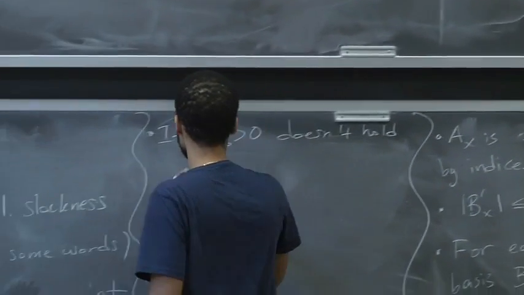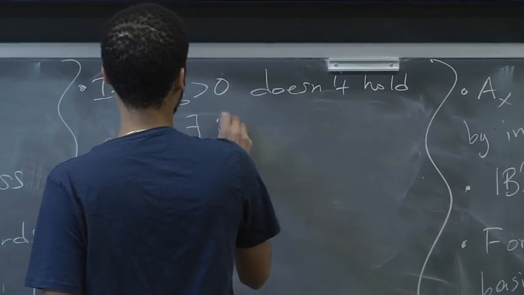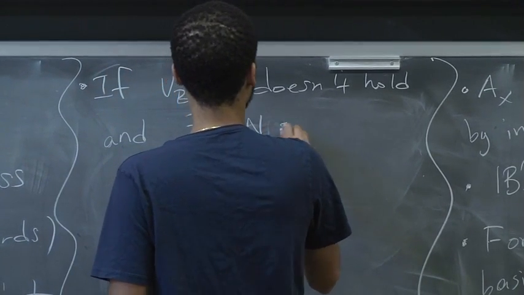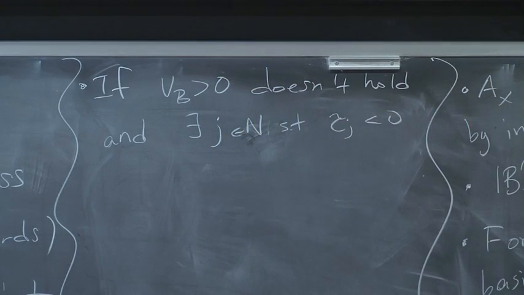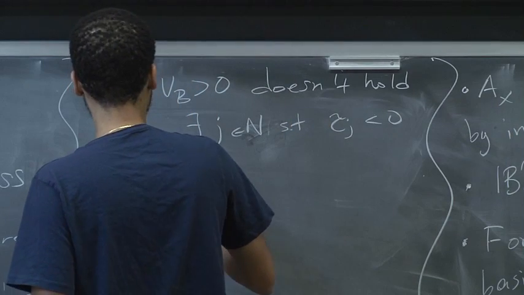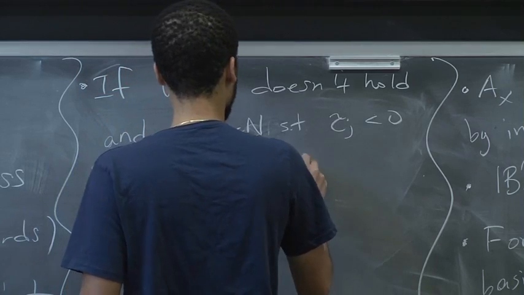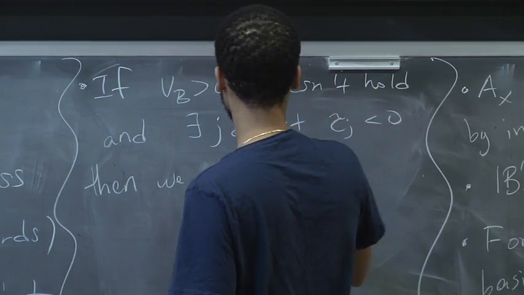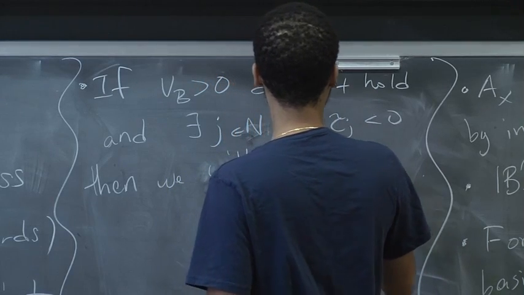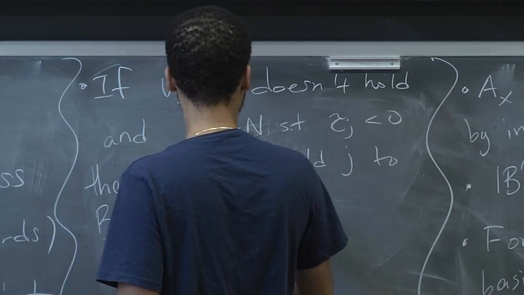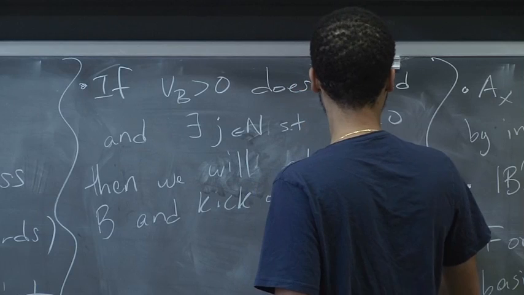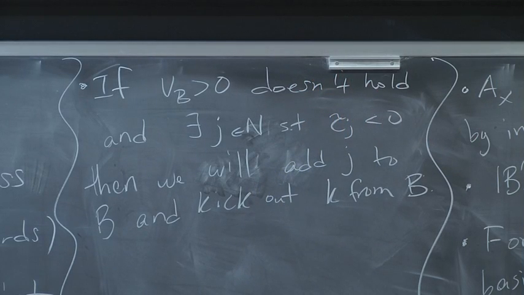If it doesn't hold, and there exists a j in n such that c tilde j is negative, then we will add j to B and kick out k from B, right? But the question is, which j do you add to B and which k do you kick out? Okay.